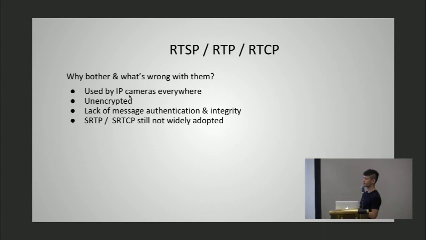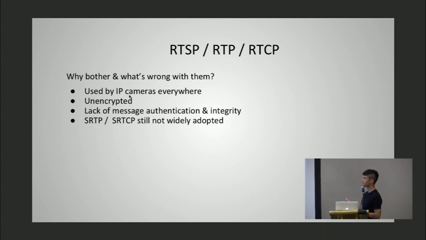The first one is the controlling protocol, so it sets up the session and then uses some VHS-style commands like play, stop, forward, and so on. RTP is the main data transmission protocol for the video, and RTCP is just for out-of-band statistics on the performance and so on.